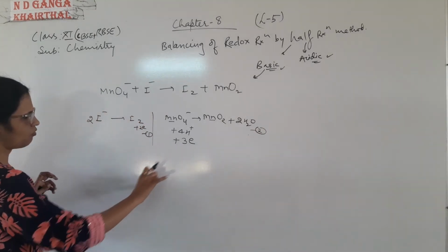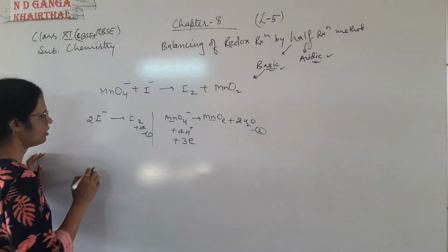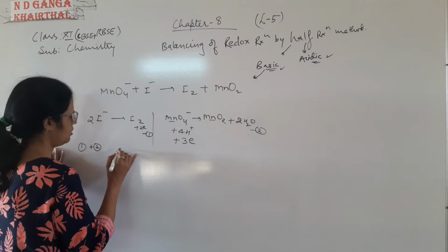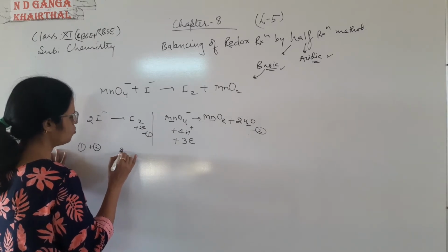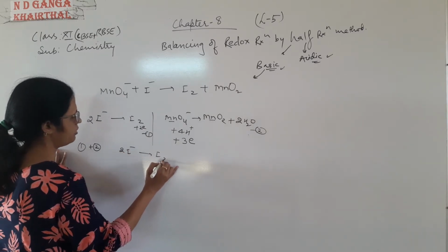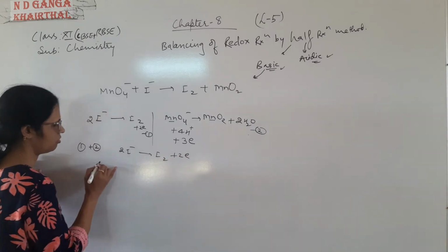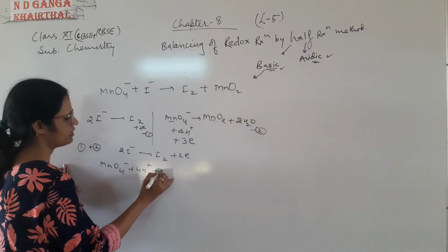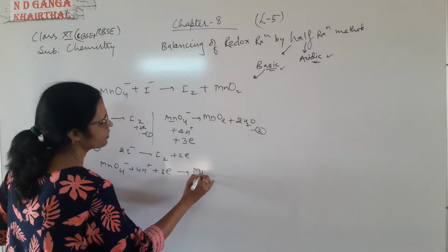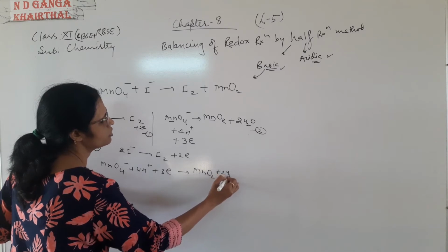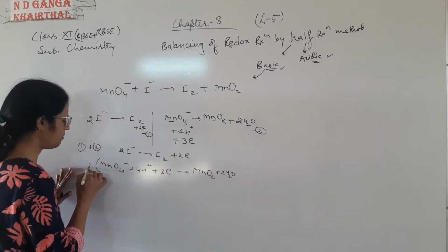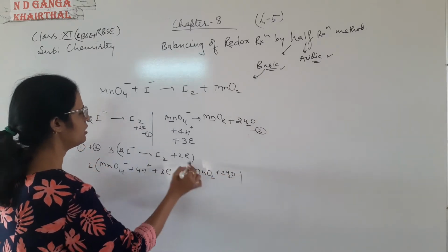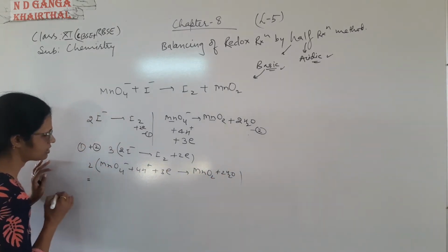Now we will add both reactions, 1 plus 2. So 2I minus equals I2 plus 2 electrons, and MnO4 negative plus 4H plus plus 3 electrons equals MnO2 plus 2H2O. The first is multiplied by 3 and the second is multiplied by 2, so the total number of electrons becomes equal.